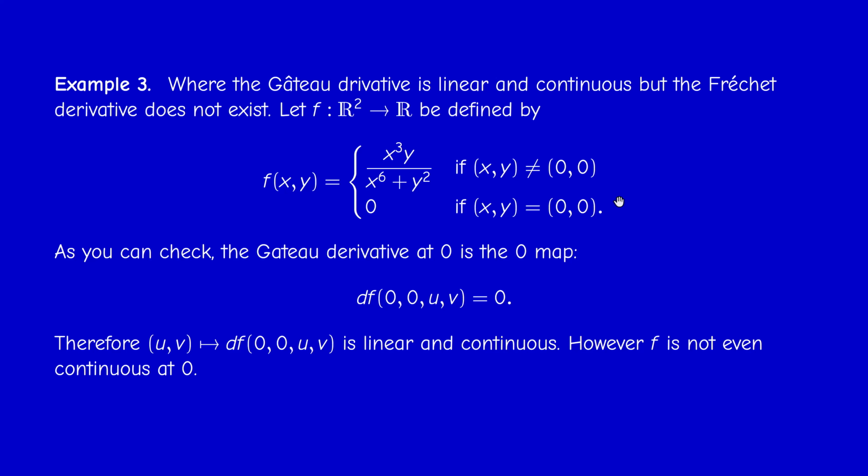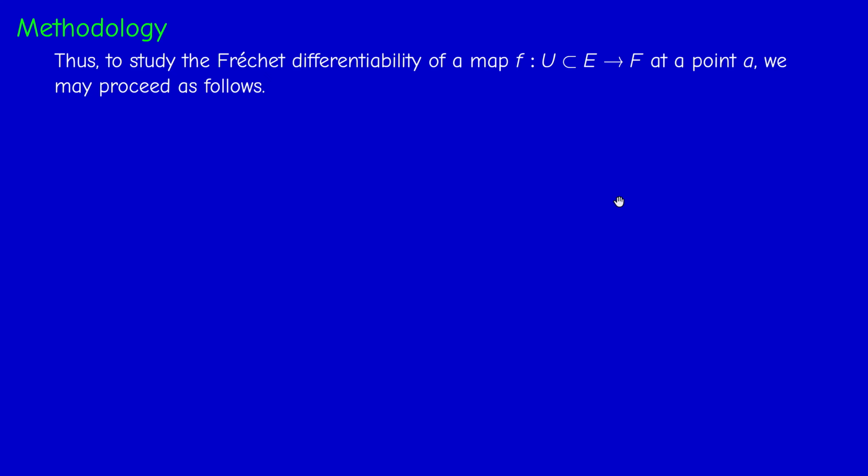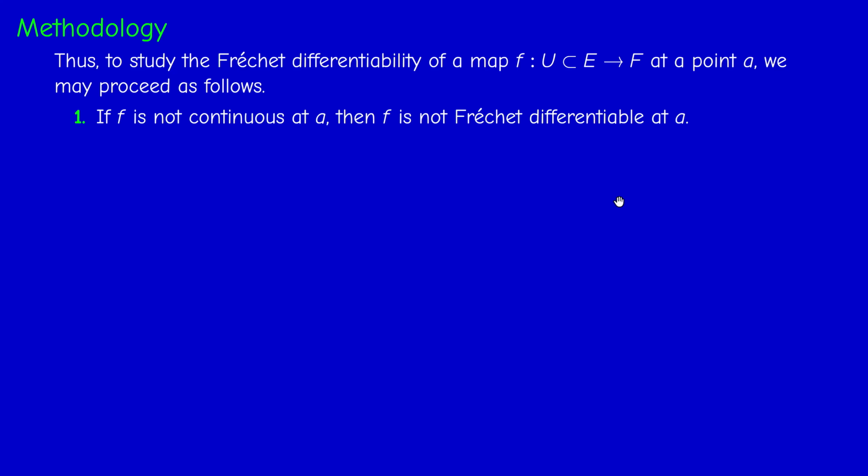So I think we clarified the connections between Gateau derivative and Frechet derivative. And now, after all this exposition, we can come up with a methodology which may help you solve the exercise, because in the exercise you are asked to study the Frechet differentiability of a given map. So we proceed as follows.